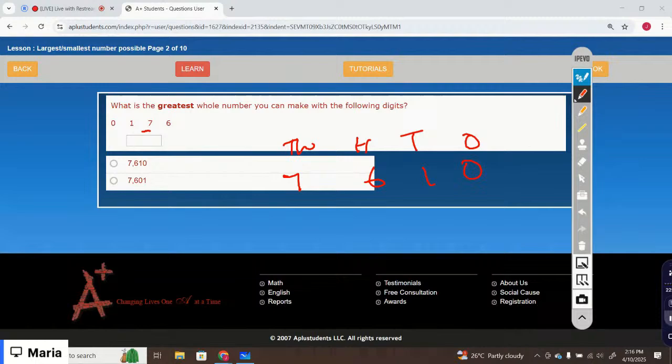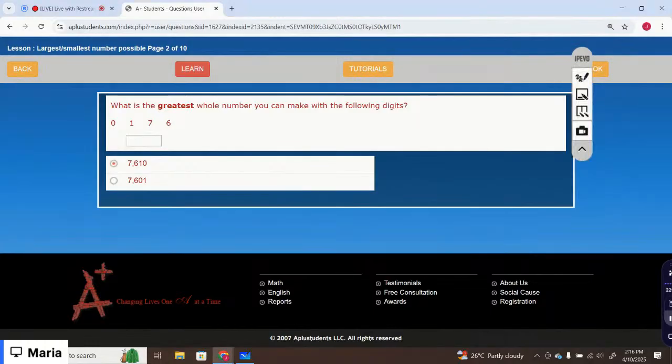The greatest number that can be made is 7,610. Option number 1 is the correct option.